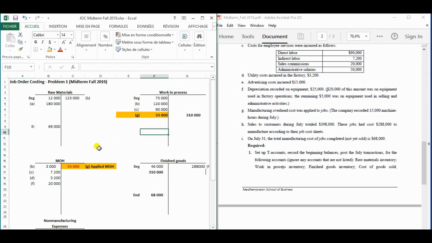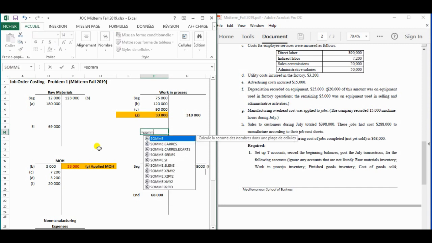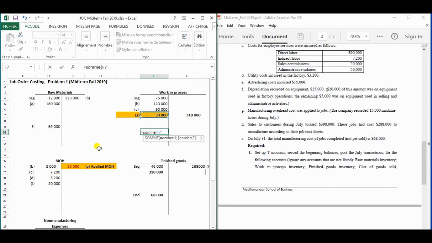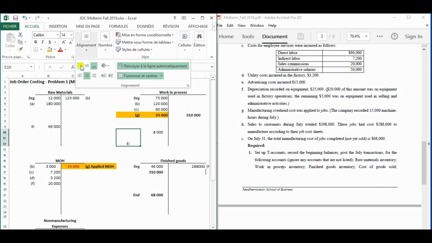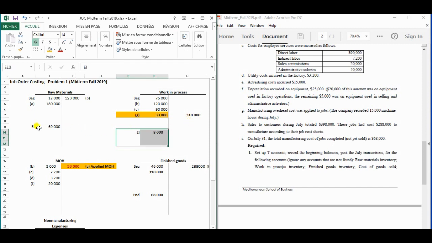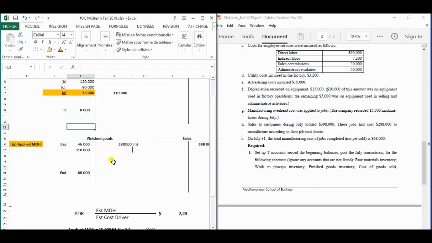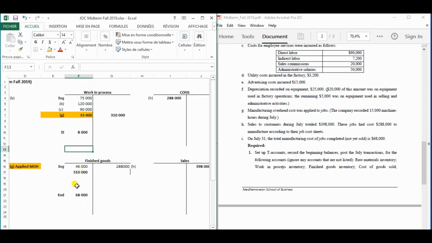For the work in process inventory, it will be $8,000, and for the finished goods, it's 68.